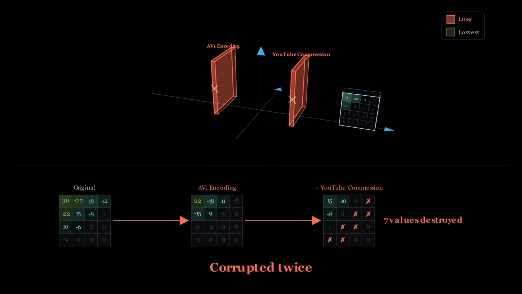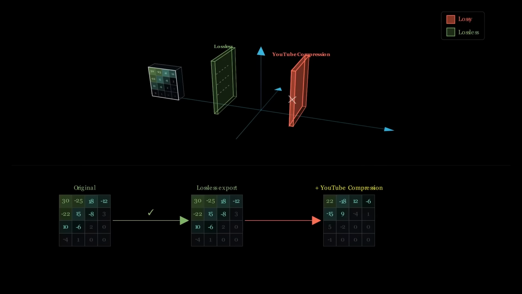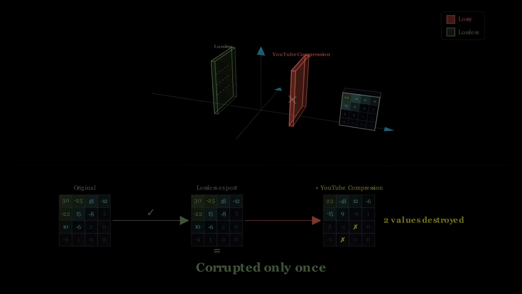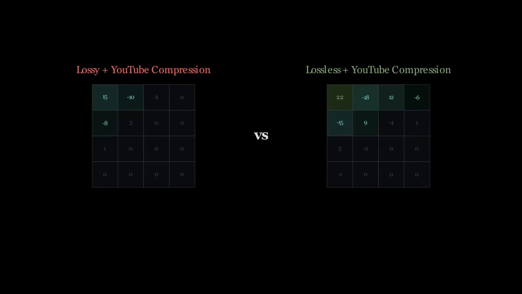That's why we need to export the video using a lossless codec instead, preserving each pixel as close to the original as possible. That way, the only lossy step that ever touches our data is YouTube's recompression.